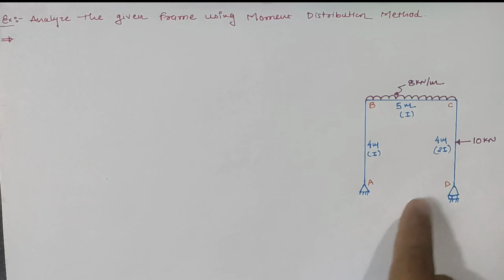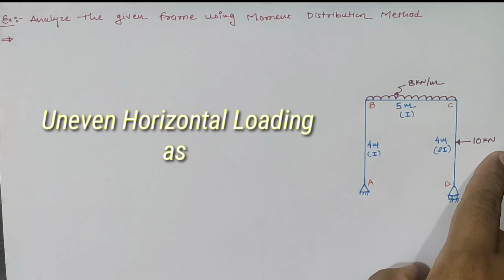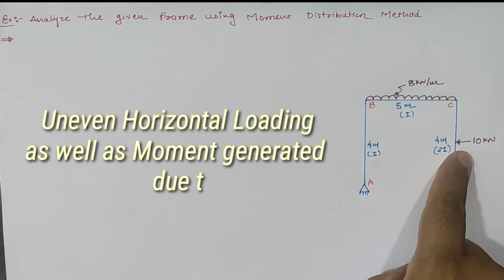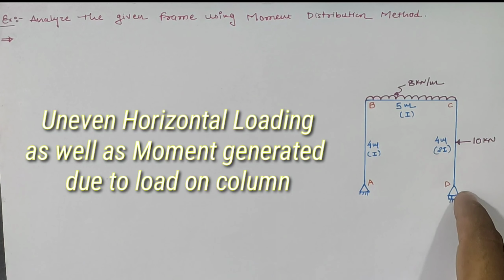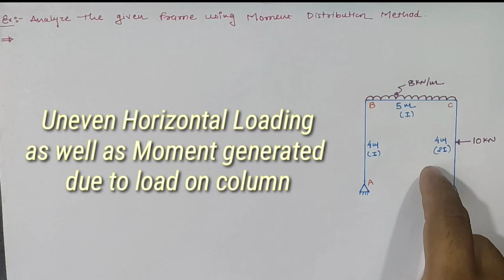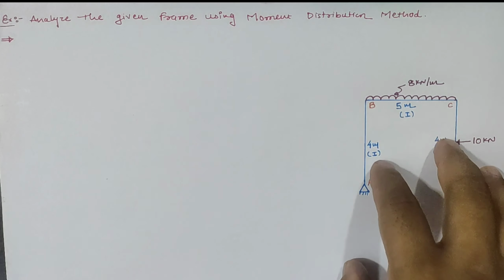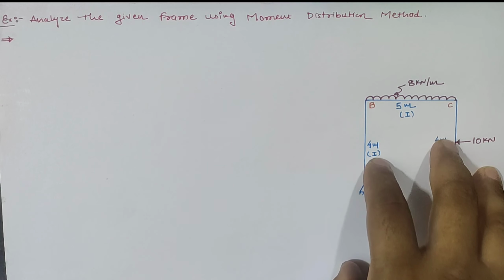The second point is that a horizontal load of 10 kilonewton is acting on column CD, which tends to sway the frame. So the given frame is a sway type frame.